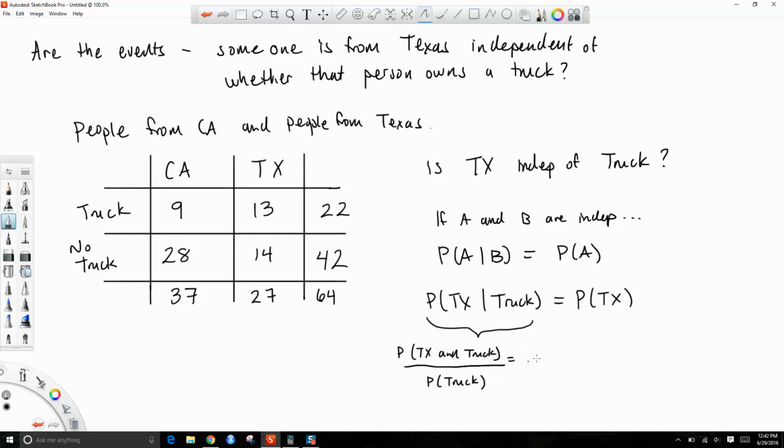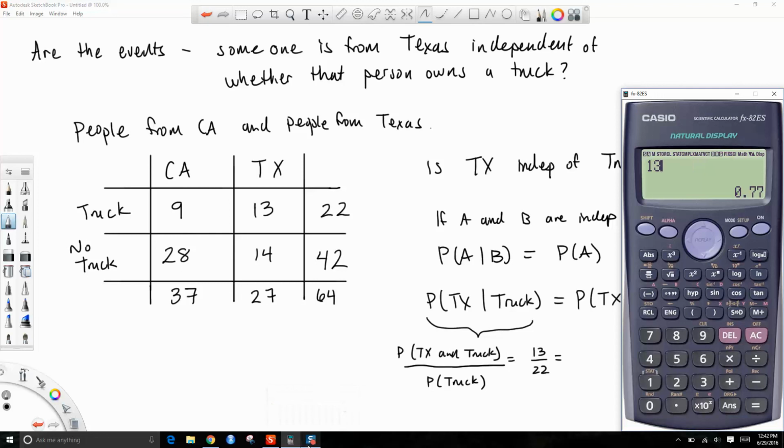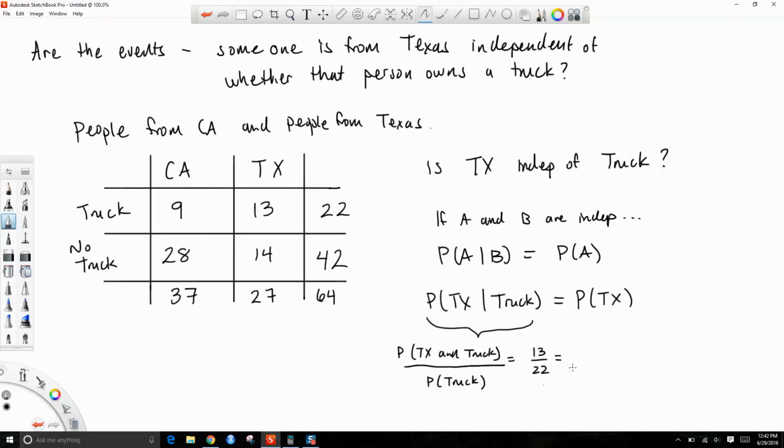And so this would be 13 over 22, which is 0.591. So if you own a truck, there's now a 59% chance that you are from Texas. Okay.